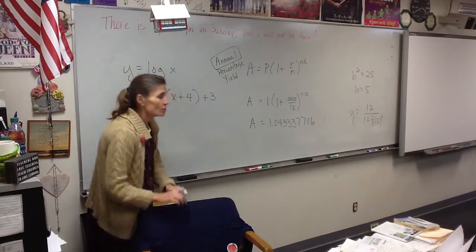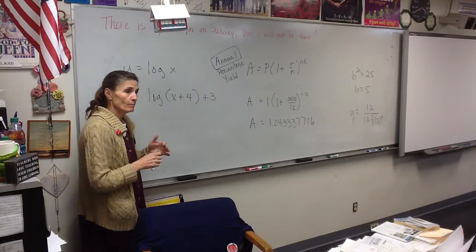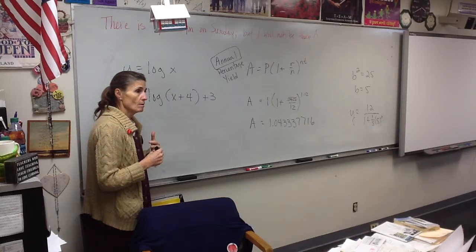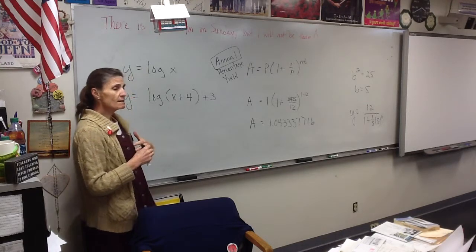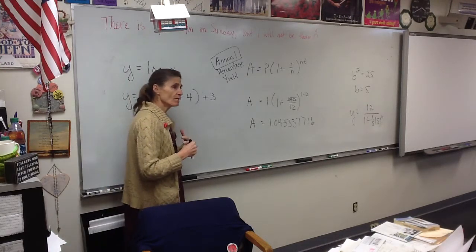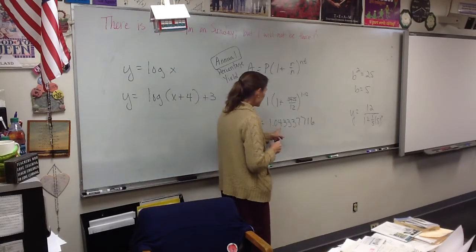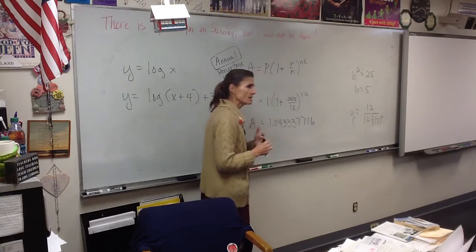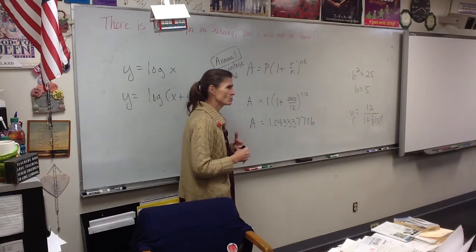Now here's what I want you to think about for a minute. What was our interest? 4.25%. So doesn't it make sense that I should have earned like 4.25? How come I basically earned 4.33? How come I earned more than the interest rate would indicate?